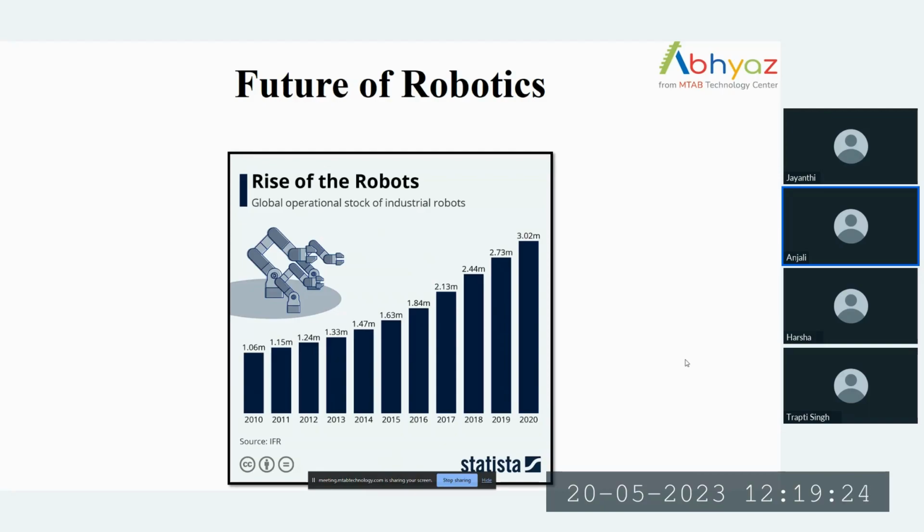According to the IFR, Asia leads the way in the shift to automate processes, with China in particular installing industrial robots at a breakneck speed. In 2020, China installed 168,400 industrial robots, amounting to 44% of global installations. So you can see how this industry is growing.